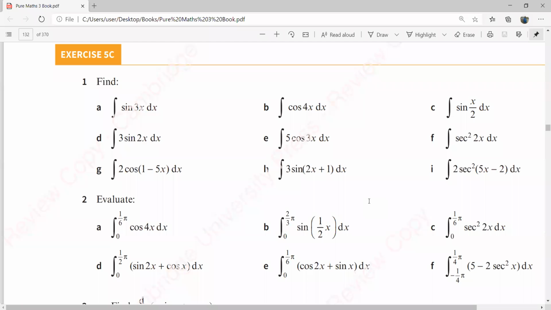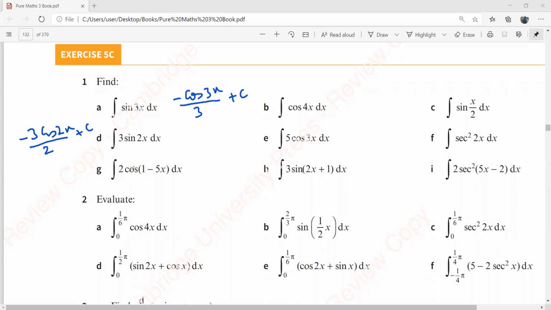Now, what is the integral of sine 3x? Minus cos 3x over 3 plus c. Okay, the integral of 3 sine 2x is minus 3 cos 2x over 2 plus c.